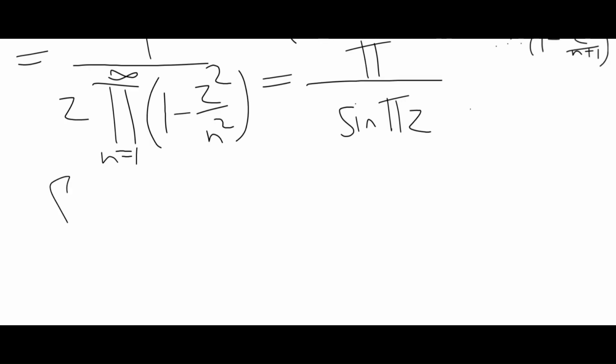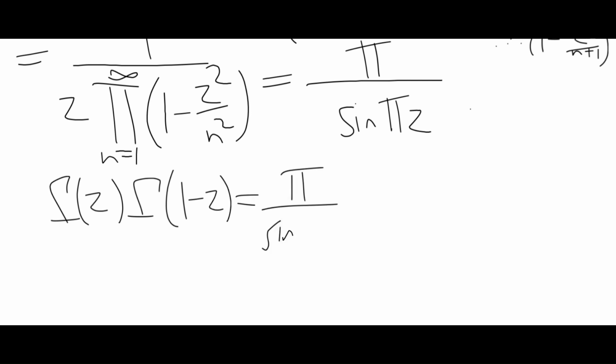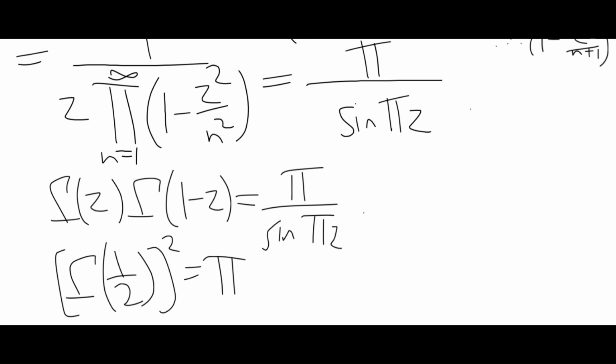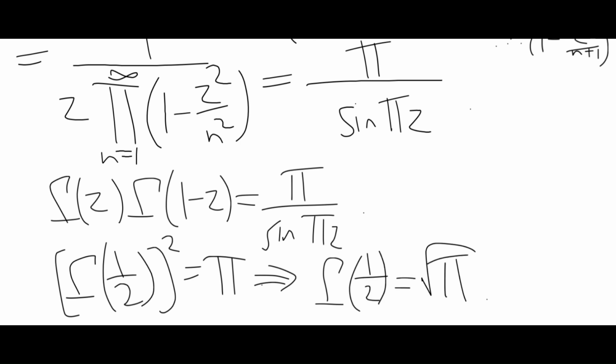So finally this shows that gamma of z times gamma of 1 minus z is pi over sine pi z. And then we can use this to find gamma of 1/2, because we let z be 1/2, and we get gamma of 1/2 squared is pi, so gamma of 1/2 equals the square root of pi, which is the Gaussian integral, just with a slight substitution.